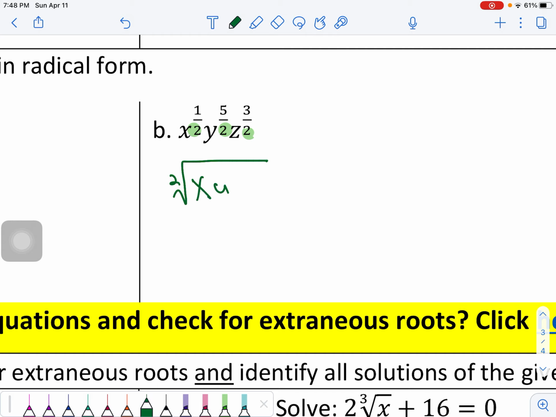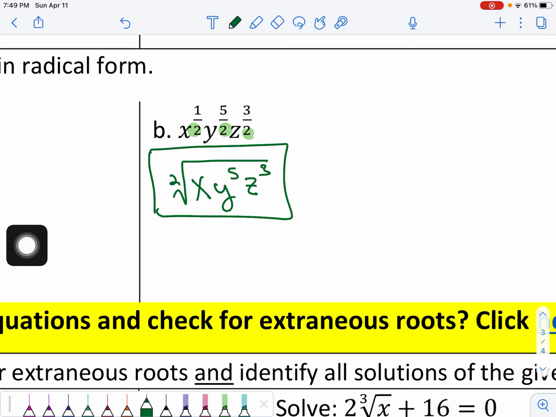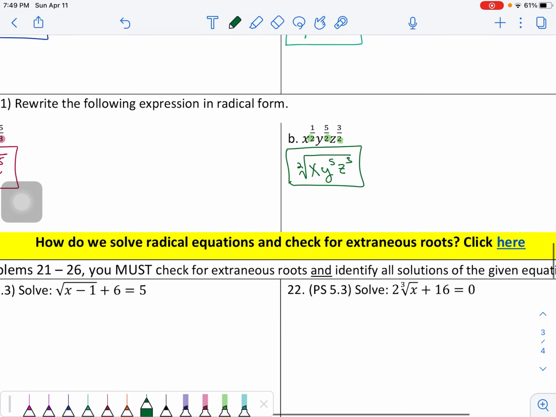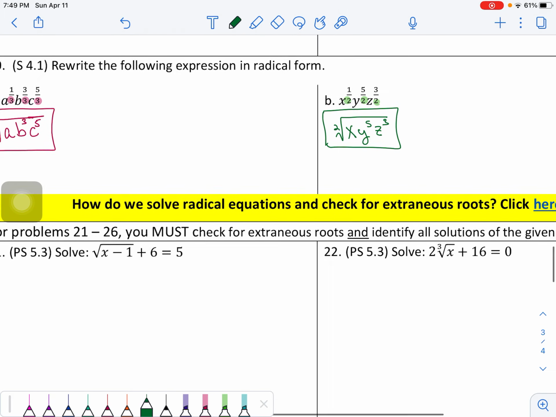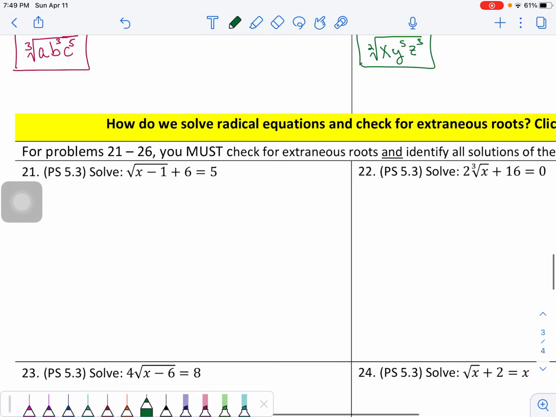We've got x to the 1st, y to the 5th, and z to the 3rd. Now, one of the things you might notice is I'm not actually writing down the power of 1. I'm a mathematician at heart, so if I don't have to write down the power of 1, I'm not going to. And in this case, I don't have to. All right, so that's converting between radical form and rational exponents.